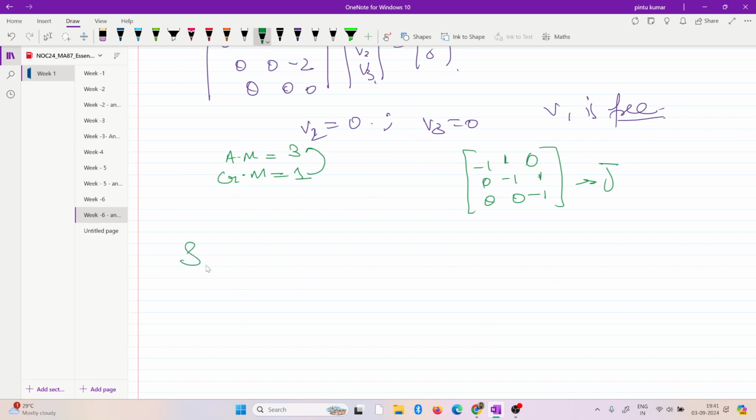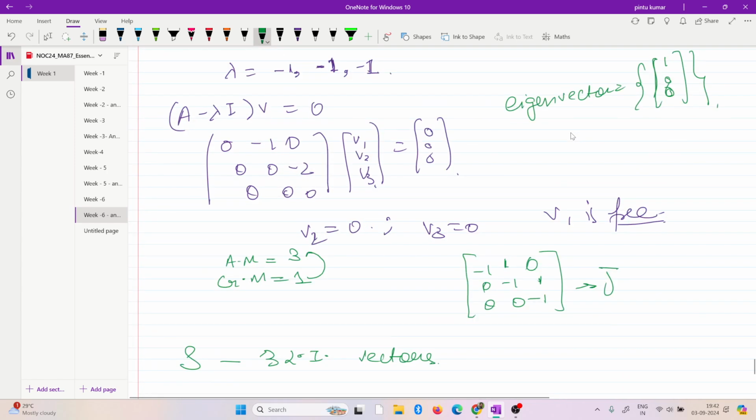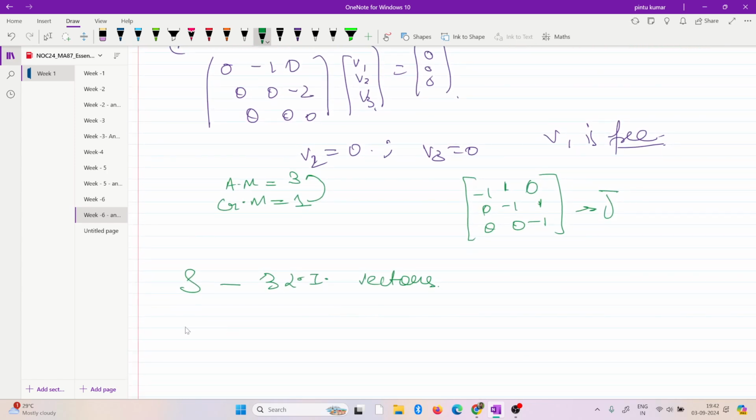Now, when you find S, for your S you should have 3 linearly independent vectors, right? You should have 3 linearly independent vectors, but you have only one with you right now. So we will solve for the generalized eigenvector. This is A minus lambda I: 0, minus 1, 0, 0, 0, minus 2, 0, 0, 0.